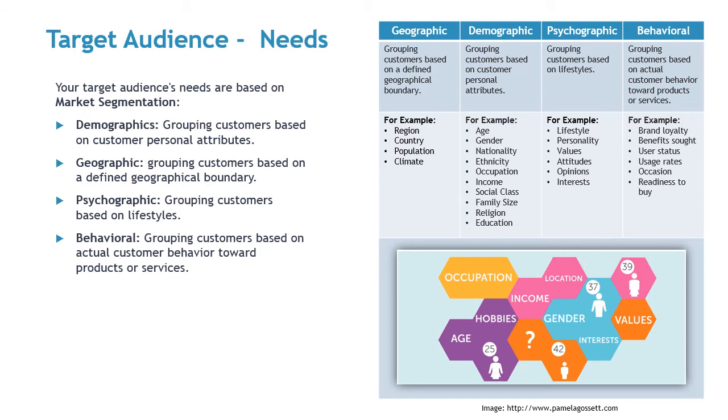Notice the graphic to the right breaks down these 4 different segmentations in more detail. You may pause the video at this time to review them if you would like.